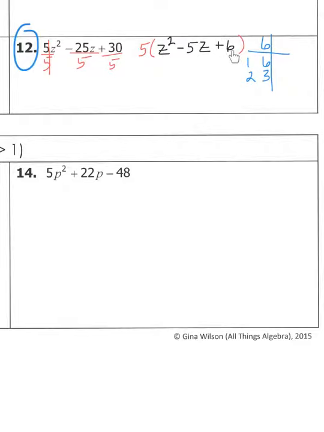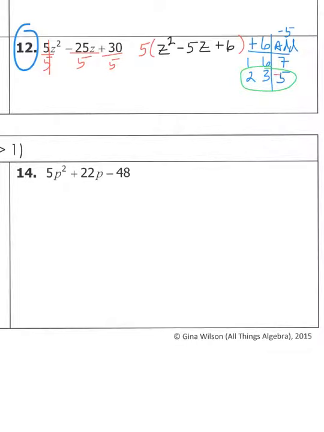Well, remember, we determine whether we add or subtract by the sign in front of the constant. So because our constant is positive, that means we are going to add the factors of 6, and we are going to add them until we get the negative 5. So the 1 and 6 add to give me 7, but the 2 and the 3 add to give me 5. So these are the two that I want.